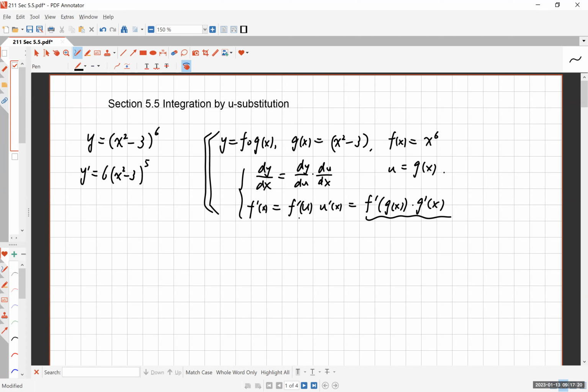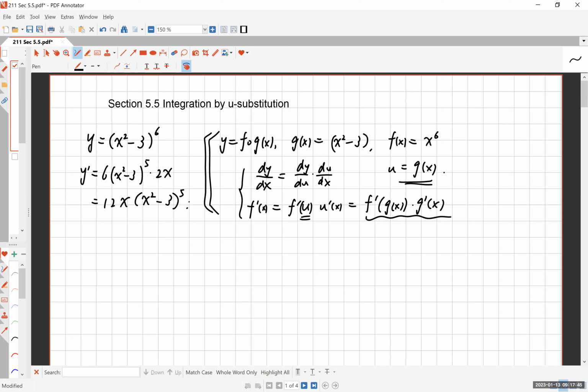That is the u part. Basically, what we said is you take the derivative of the outside function evaluated at the inside function times the derivative of the inside function. Is that right? So you can call this 12x times x squared minus 3 to the 5th, right? Okay, so you can do that.